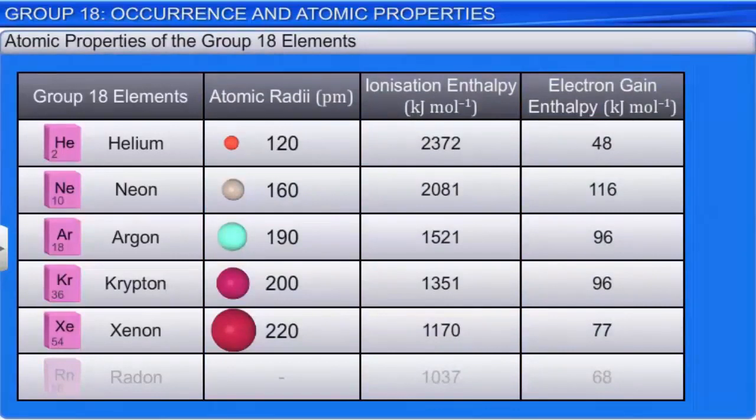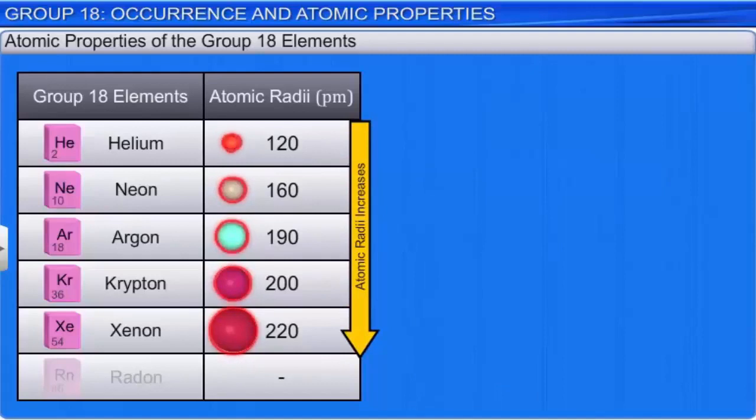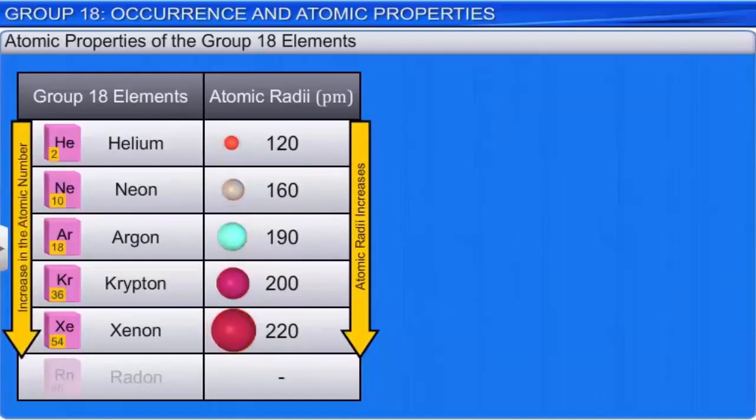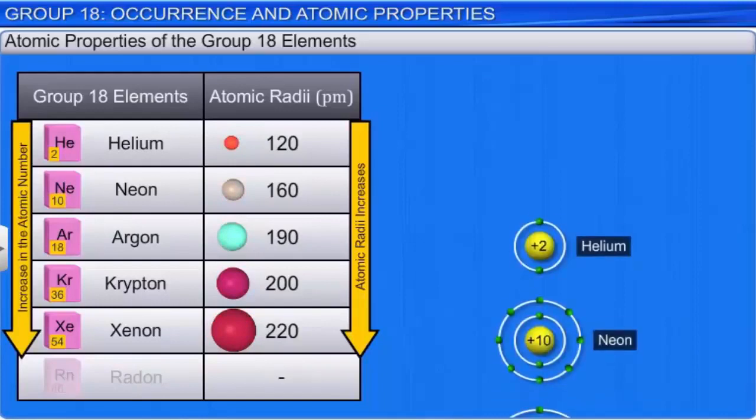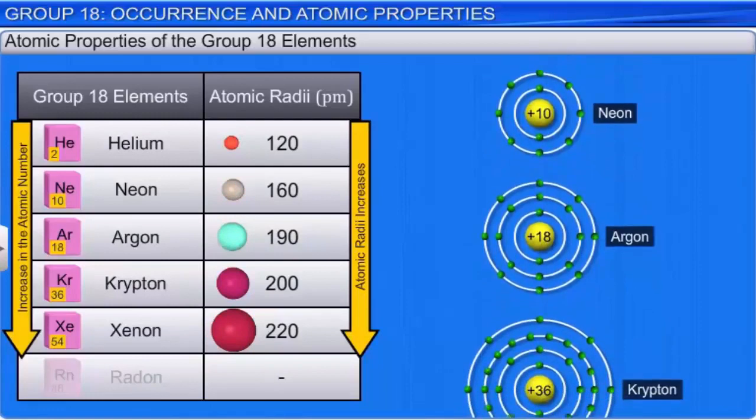The atomic radii increase on descending the group with an increase in the atomic number. This is because of the addition of a new shell at each successive element on descending the group.